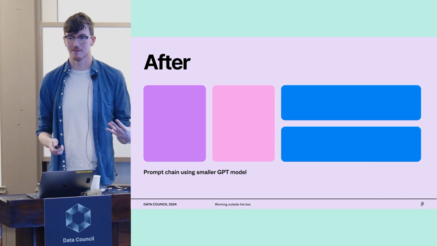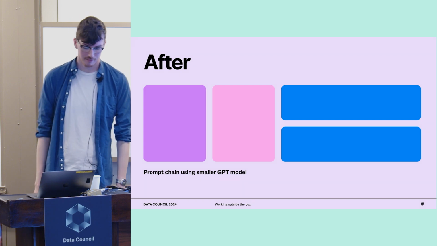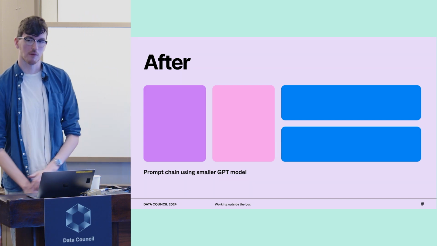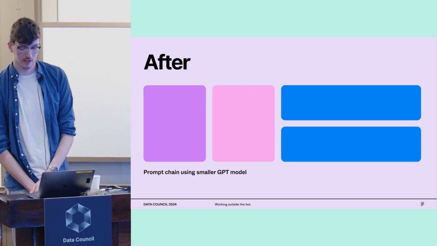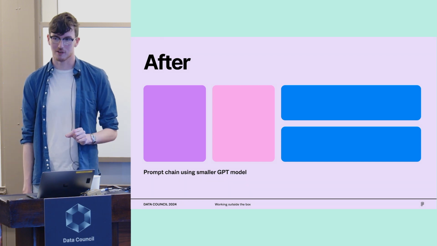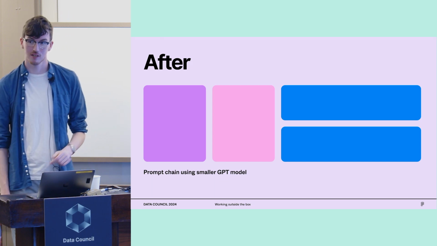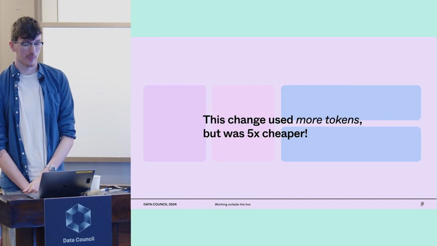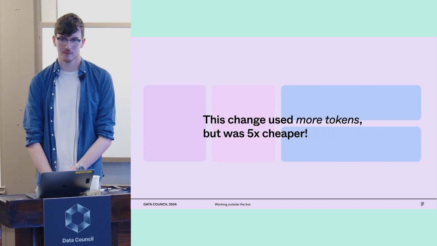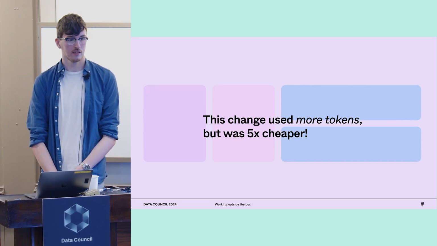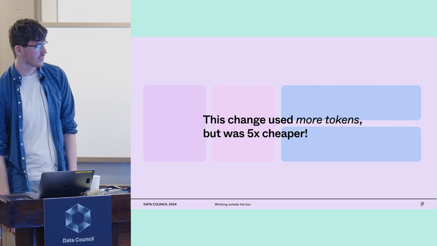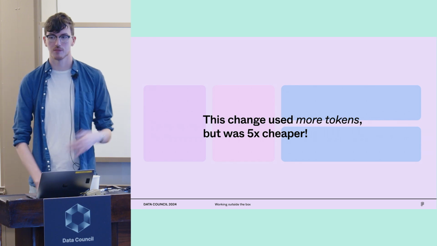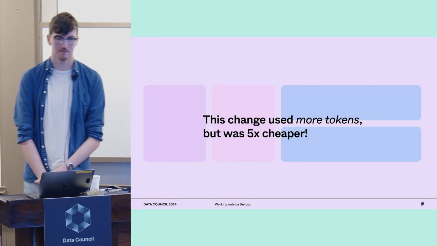And those are real savings that your team can benefit from. So we used a smaller GPT model, 3.5 Turbo, and even using significantly more input tokens than our initial approach, it was still 5 times cheaper. Depending on your project, the savings may be more or less, but these are real, tangible benefits that your team can benefit from.